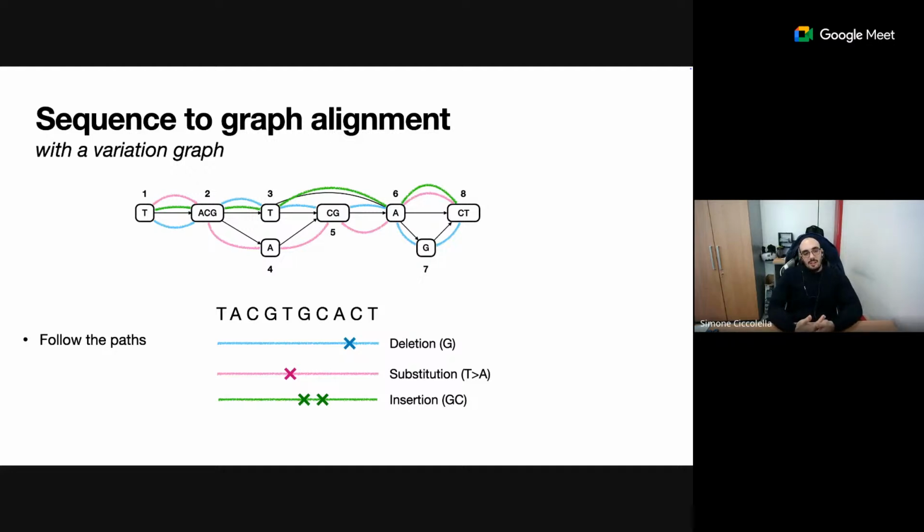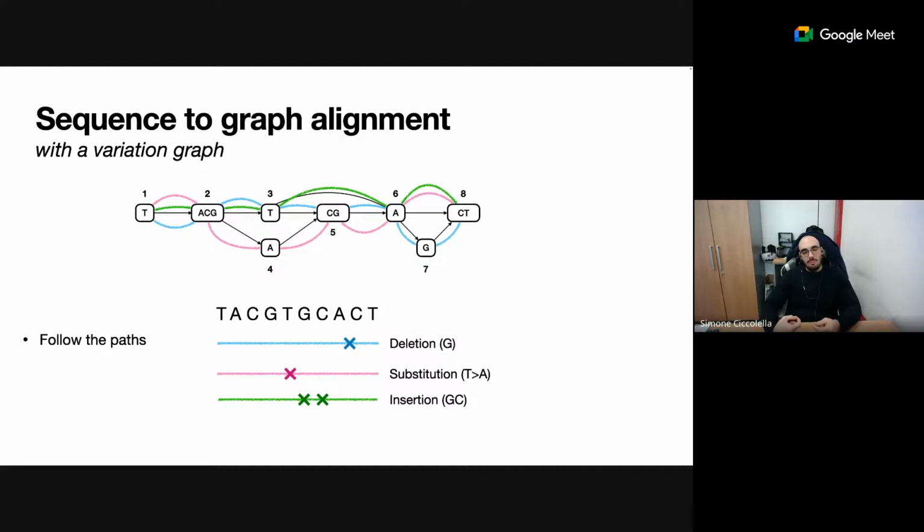What we can do is follow the paths, okay? And in that case, we will prioritize the paths of the graph. So for example, we want to map following one of the haplotypes. Here we have different ways of doing so. For example, here we have a deletion or a substitution or an insertion, depending on which path we choose. And of course, we would have a scoring function for these, and we would choose the best one.